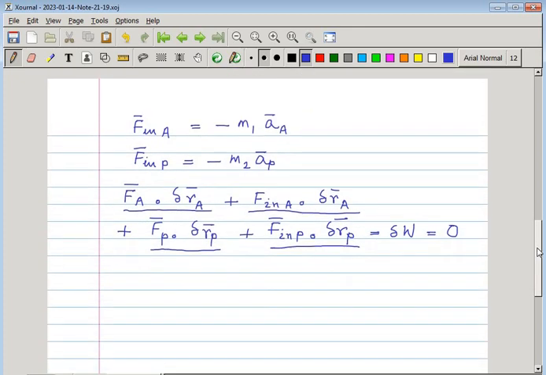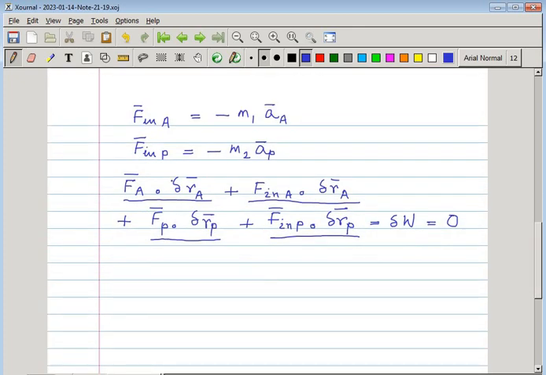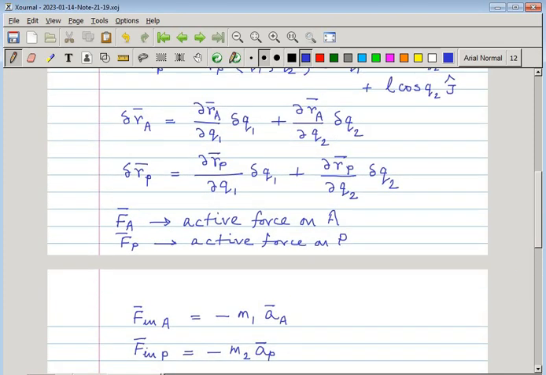So this should be 0. So now, in place of del Ra, we can put what we are getting from here.